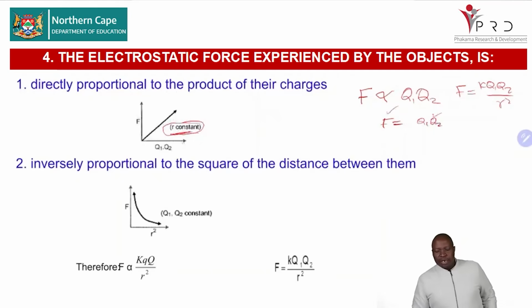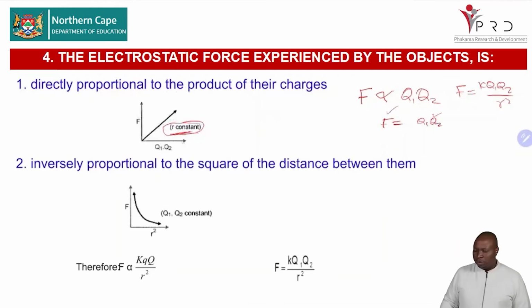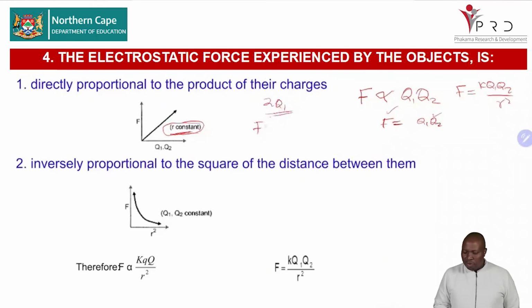And that question is an exam question, more especially in multiple choice questions. You will get questions where they'll say, what will happen if we double the charge? What will happen if we double Q1? So you will say, if we double Q1, what will happen to the force? What you do is simply write the formula F equals K Q1 Q2 over R squared.